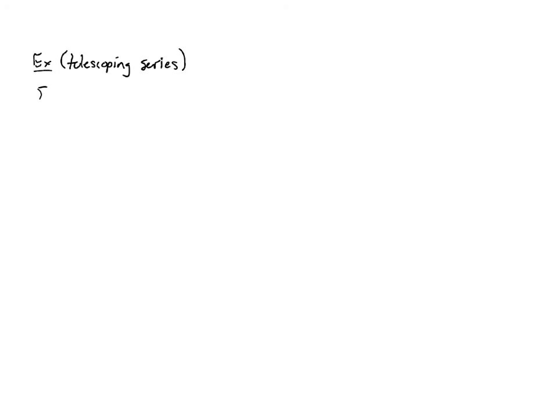So the specific example that I want us to look at is the summation n equals 1 to infinity of 1 over n plus 1 times n plus 2. And notice that I'm using the index n here instead of i. The process still goes the same, and we'll see how this looks in just a second.